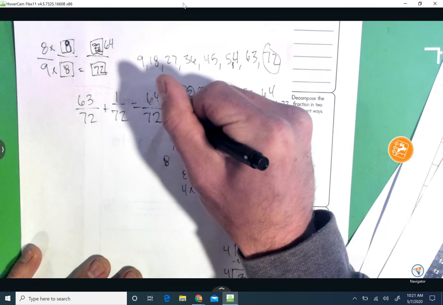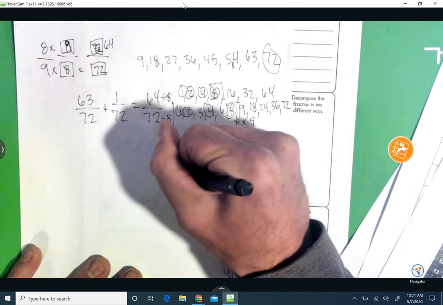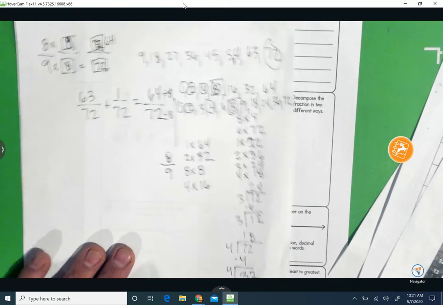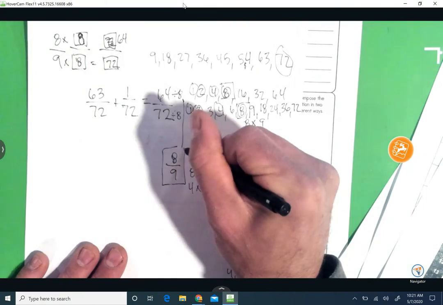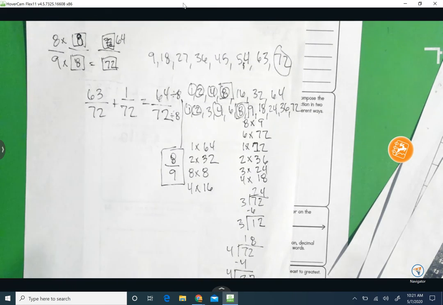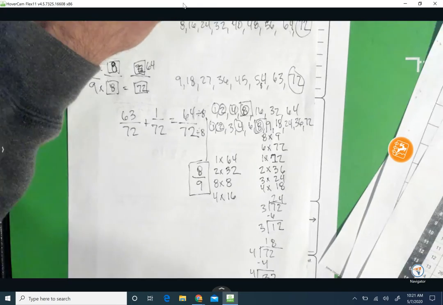And 72 divided by 8 is 9. And we go all the way back to, in simplest form, 64/72 is 8/9. All right, that is number 12.